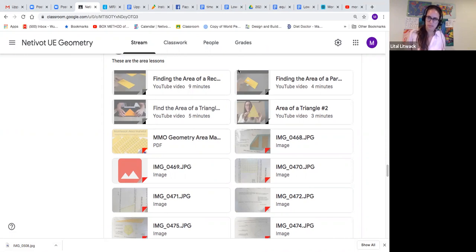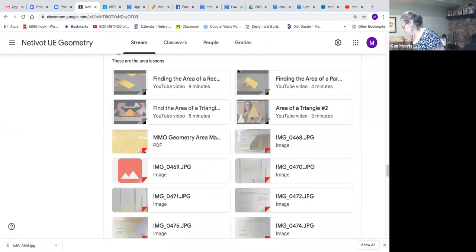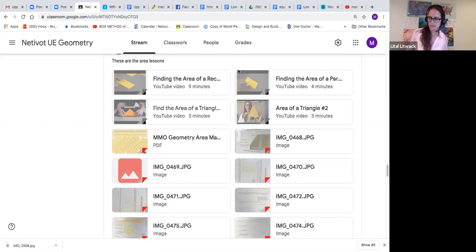There are also lessons for the isosceles triangle, for the right triangle, and the obtuse triangle. So the material lends itself to all those presentations. It also lends itself to the area of the rhombus.